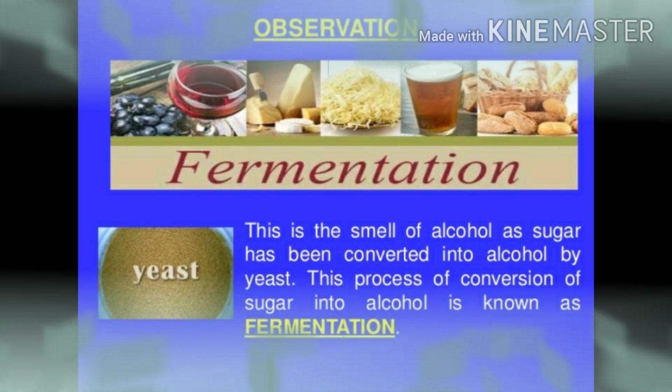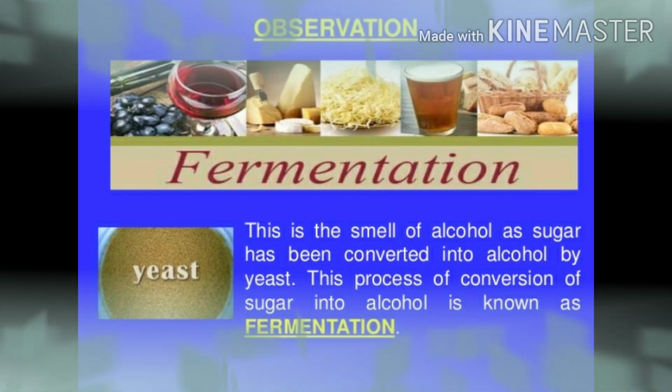It is the metabolic process in which an organism converts a carbohydrate such as starch or sugar into an alcohol. Fermentation is the conversion of sugar into alcohol with the help of microorganisms.